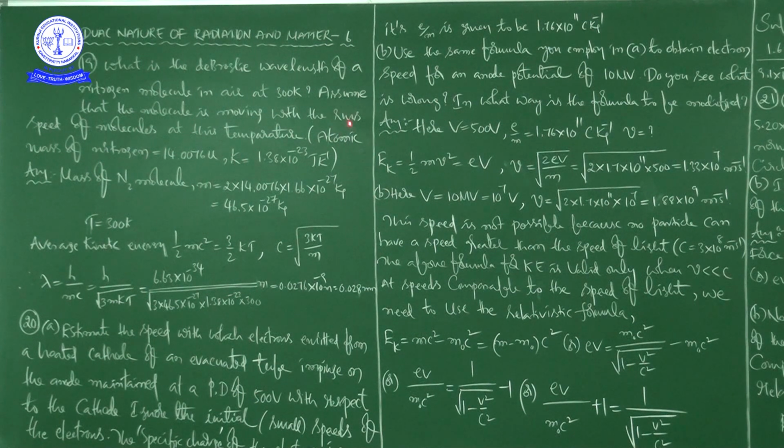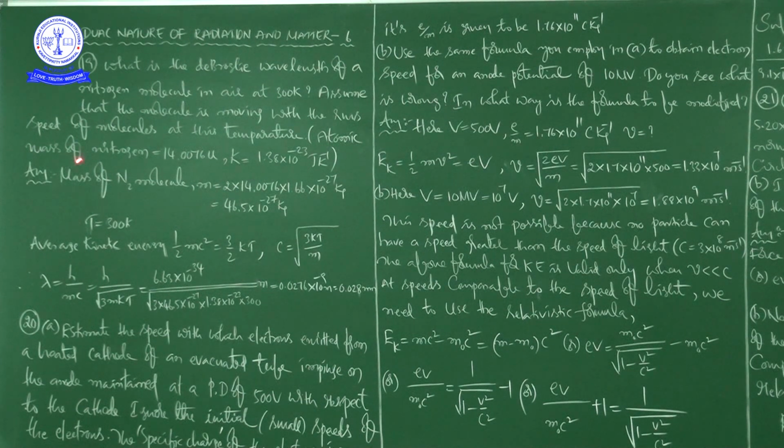Next, they have given two values: one is the atomic mass of nitrogen, 14.0076 u, and the k value as 1.38 into 10 to the power of minus 23 joule per Kelvin.